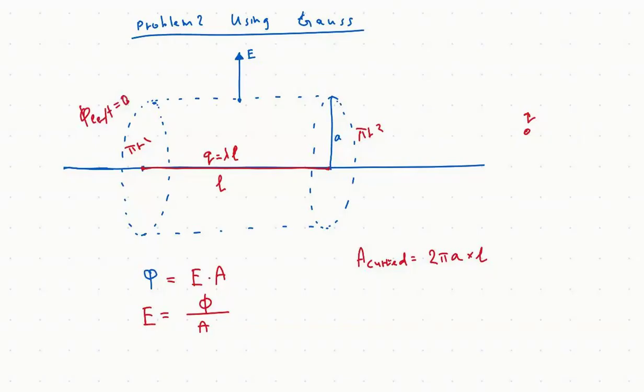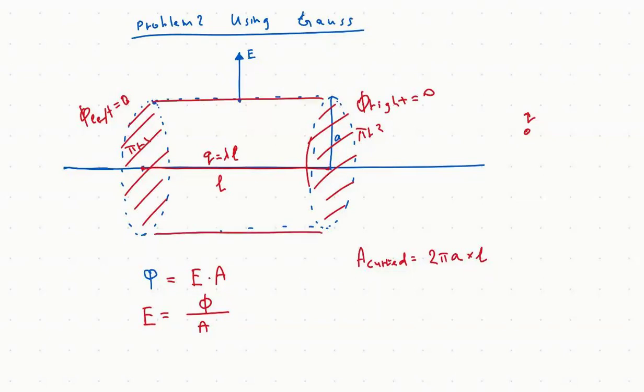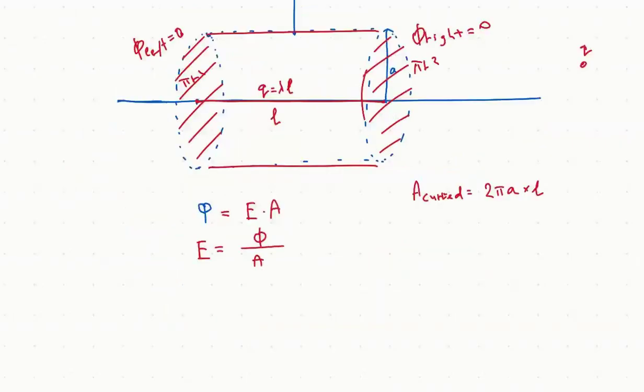We already know that. And the flux to the right is also zero. Okay, so there's no flux passing through the flat ends of the cylinder. It's an imaginary cylinder, and the flat ends are placed parallel to the field, so there's no flux passing through them. So we only need the flux passing through this curved part of the cylinder. And that's what we sub in.